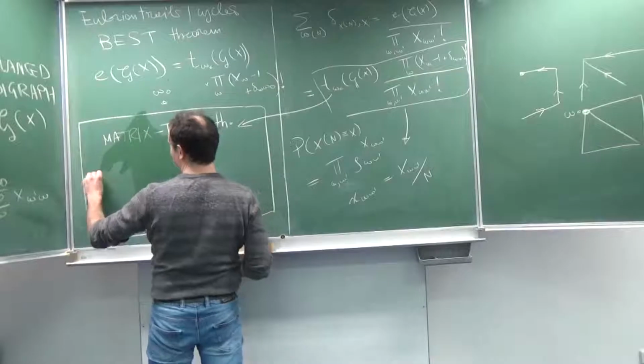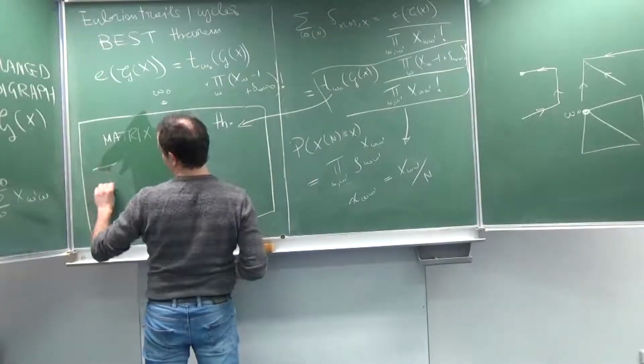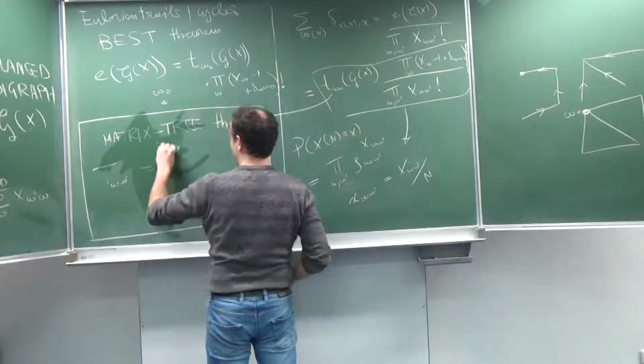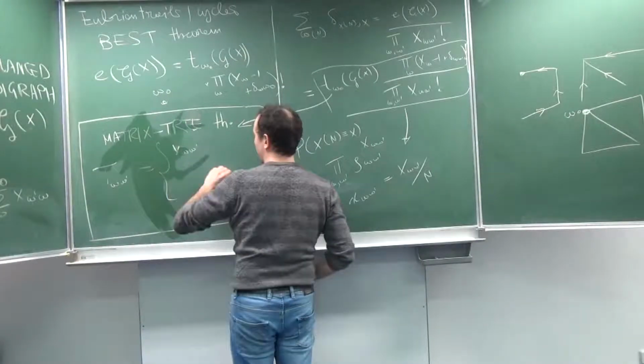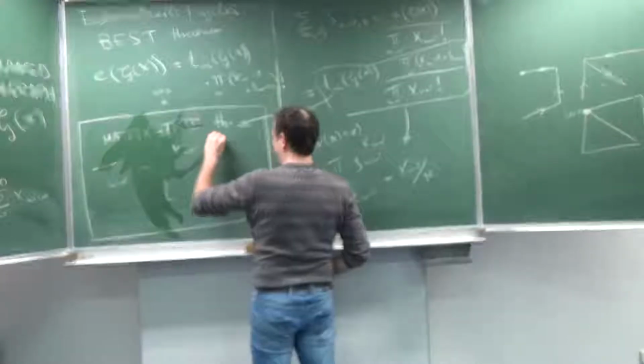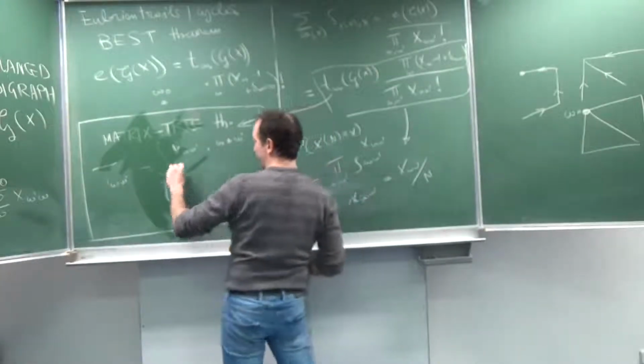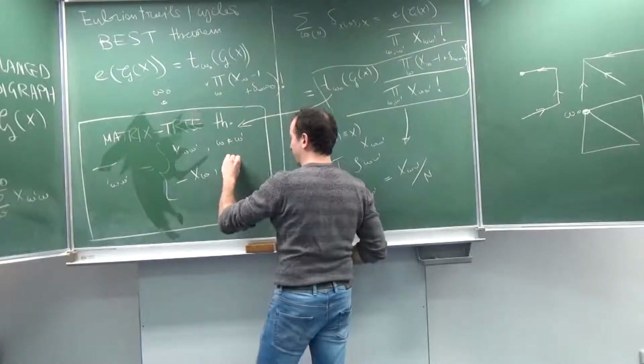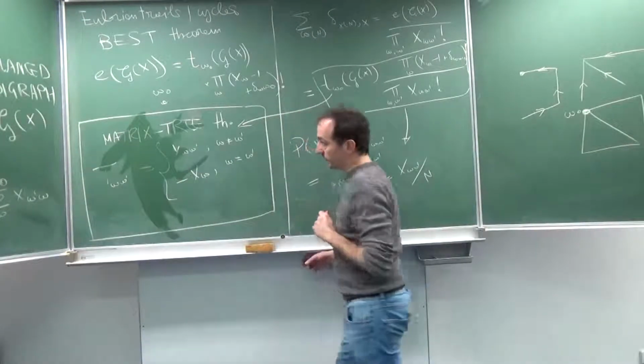You create the matrix T omega omega prime, which is x omega omega prime for omega different from omega prime, and minus x omega for omega equal to omega prime.